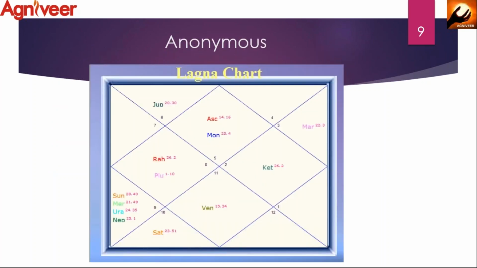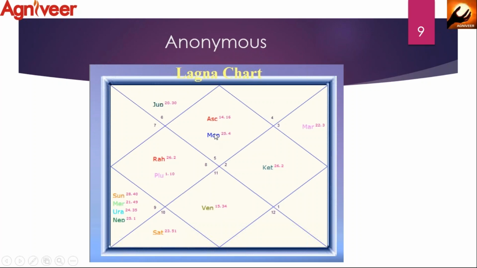Let me take an example and understand. So let's say this is a chart of one of my colleagues that I have worked with. Moon is here in the ascendant at 25 degrees, and Jupiter is here. So there is a planet in the house before or after this Moon, so the Kendram dosh doesn't form, or Moon has a bit of stability, and at the same time it is being aspected by Venus.